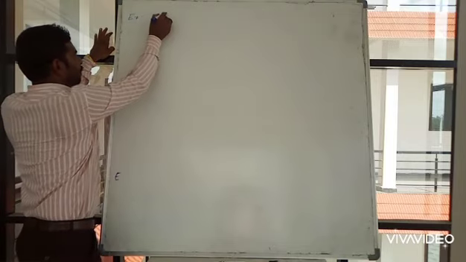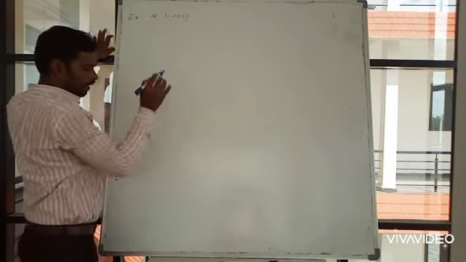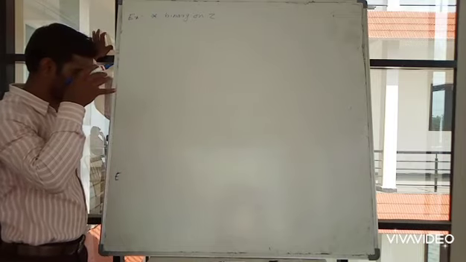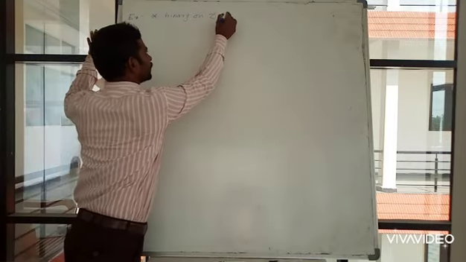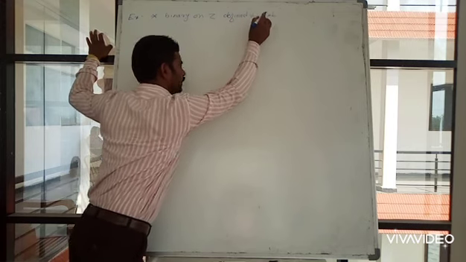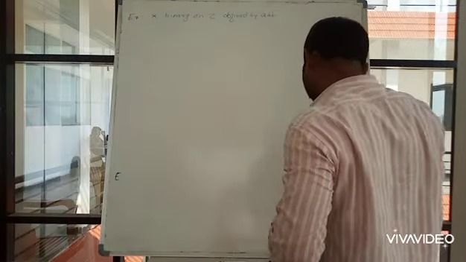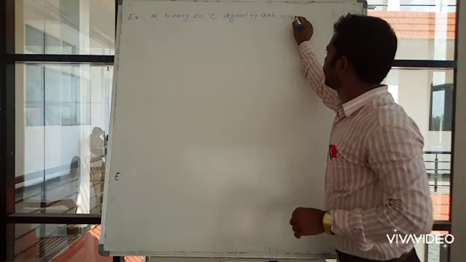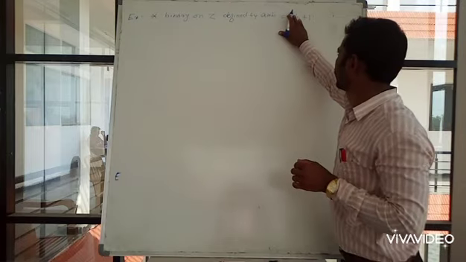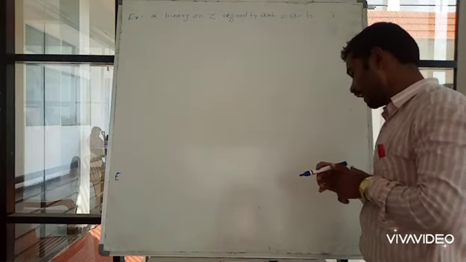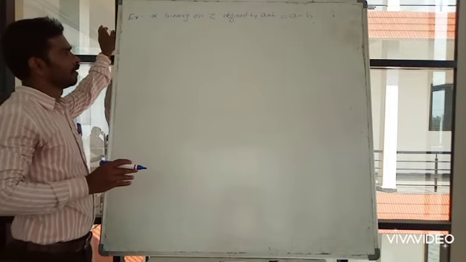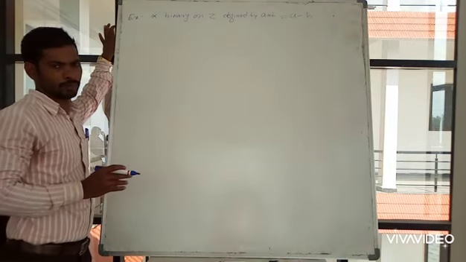Here, star is a binary operation on the set Z defined by A star B is equal to A minus B. Determine whether star is commutative or associative.